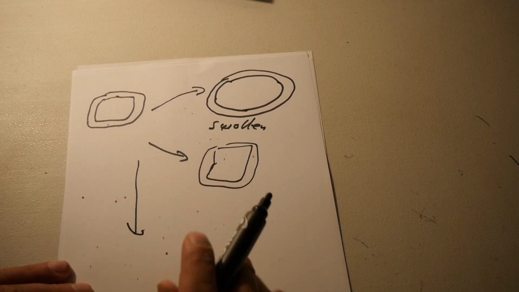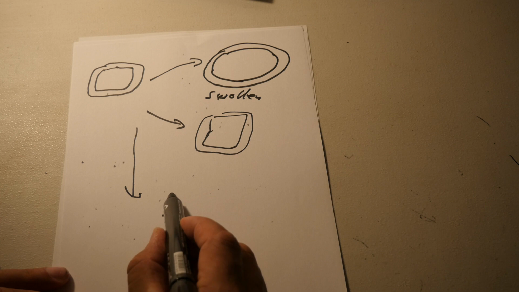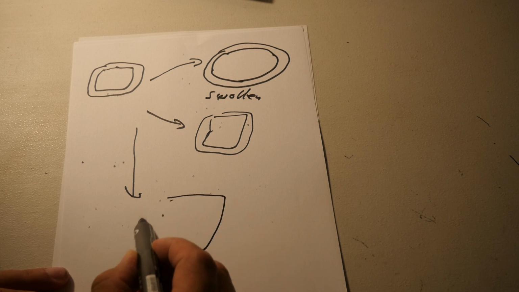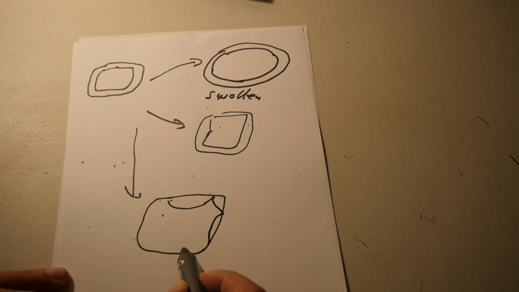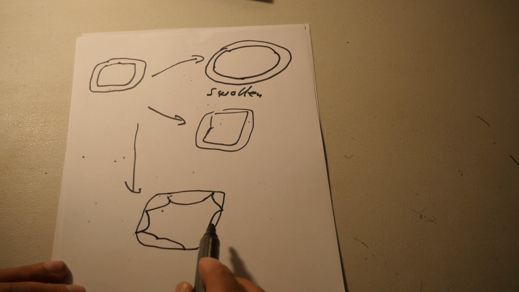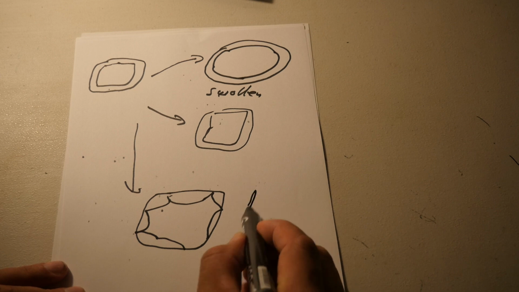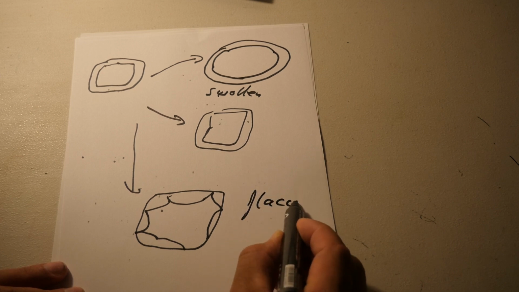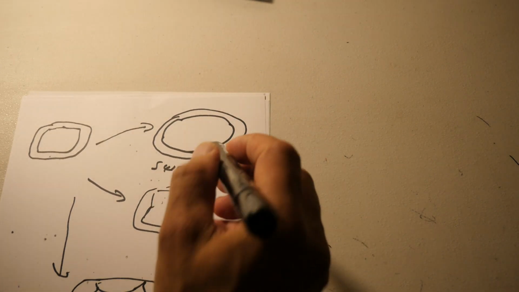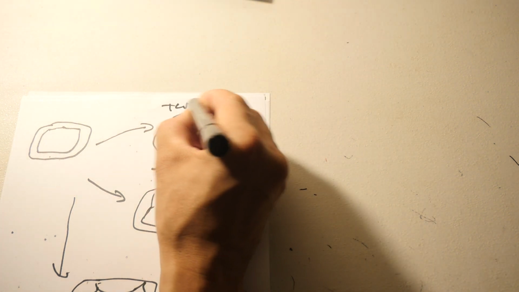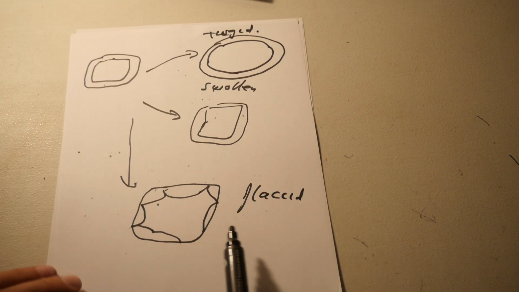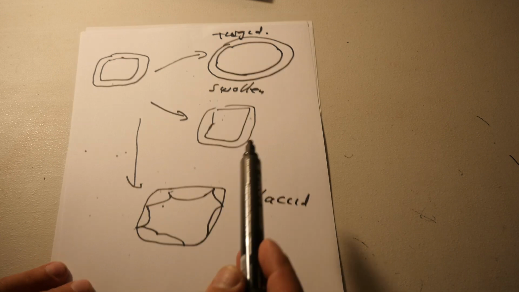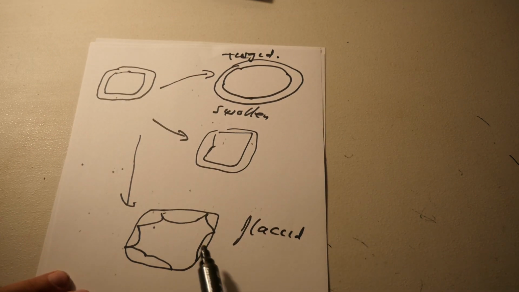And the other option is where the cell has shrunk, okay? This is the turgid. That's the turgid plant, piece of broccoli, and this is the flaccid lettuce leaf, okay? A flaccid piece of broccoli, okay?